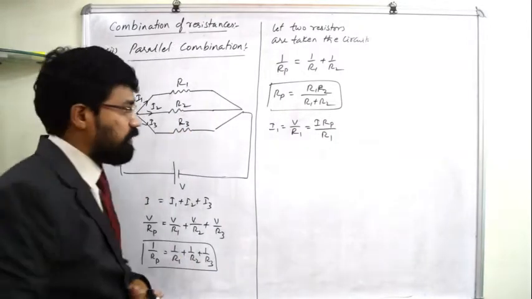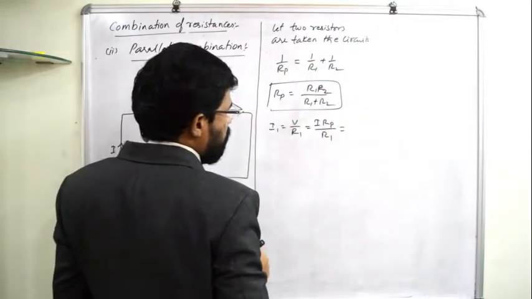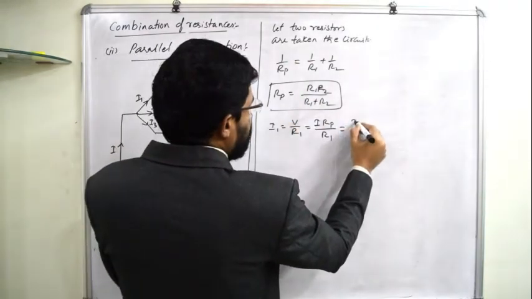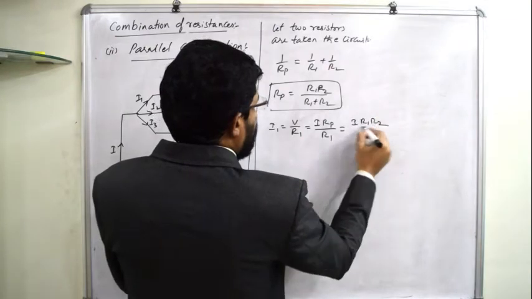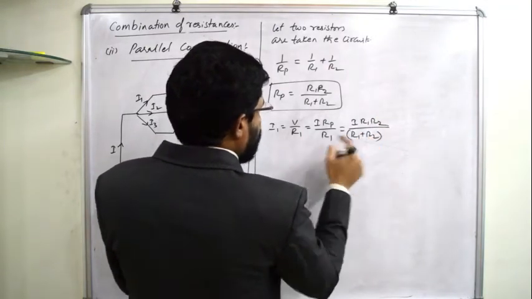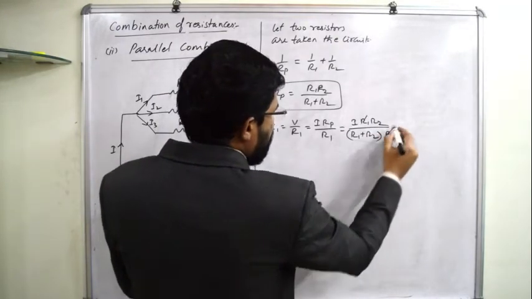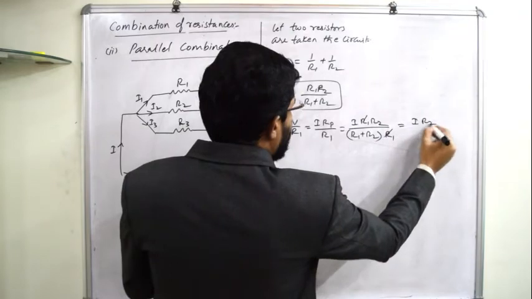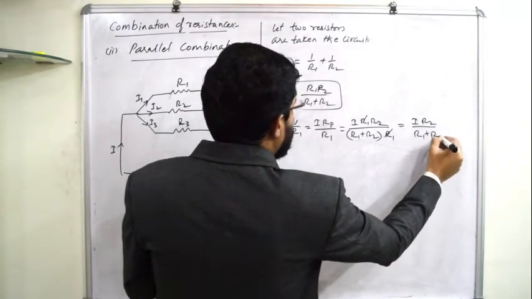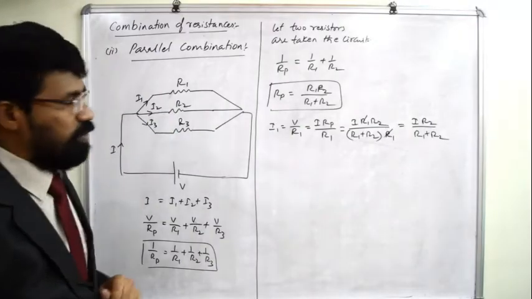That's how you can write the equation. And if you have taken only two resistances, Rp can be written as R1 R2 by R1 plus R2, and in the denominator one R1 is present, this R1 gets cancelled, and finally I R2 by R1 plus R2. So that is the current passing through the first branch.